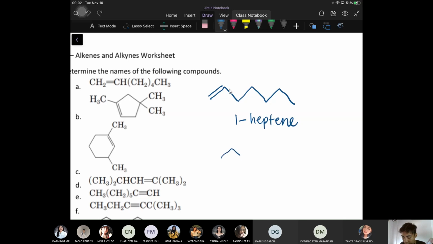Kunwari, paano kung nandito yan, sir? Saan nag-start yung double bond? 1, 2, 3. Edi 3-heptene yan. Okay? So as you can see, maraming possible places yung double bond. Okay? So you have to be careful. You have to indicate kung nasan yung double bond.